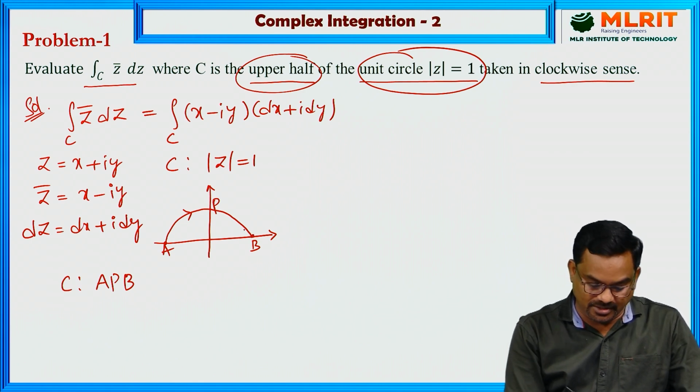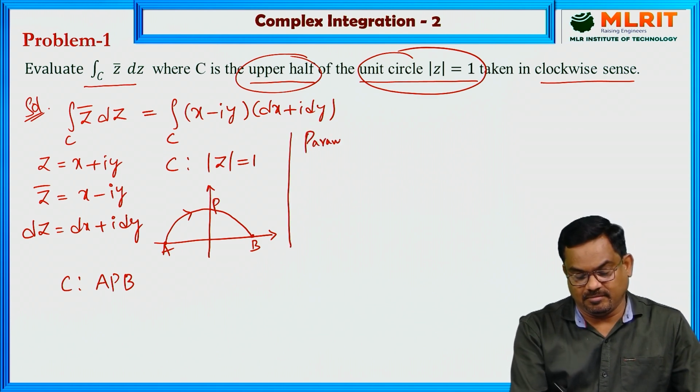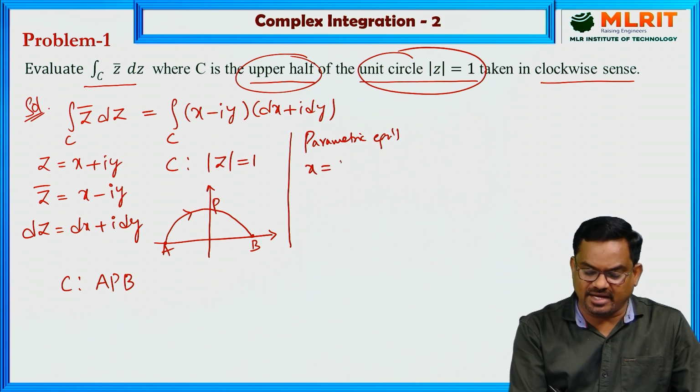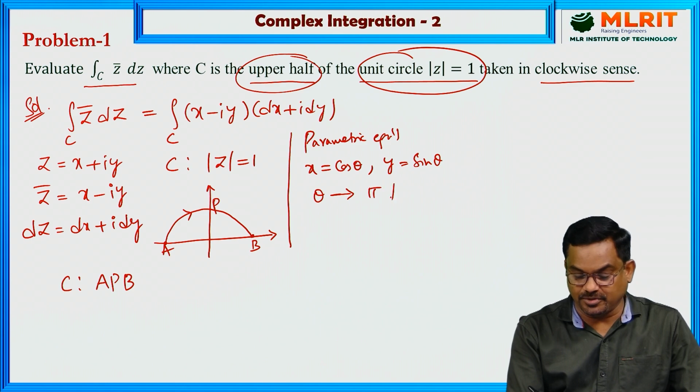So, A to B. Hence, here we use the parametric equations. I consider x as cos theta and y as sin theta. And since we are moving from A to B, theta varies from pi to 0.